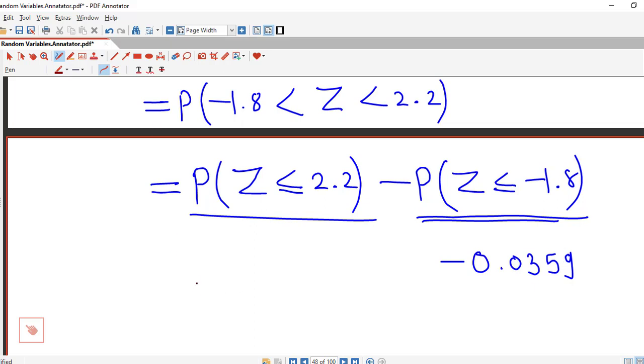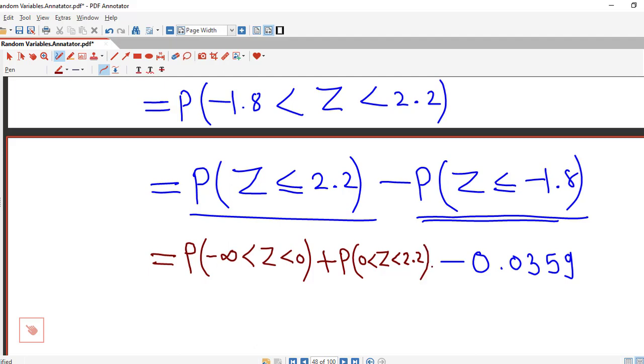We can write one more step: area from minus infinity to 0 plus area from 0 to 2.2. We can understand here also. Suppose we have 2.2 here, and we are interested in the area to the left side of 2.2.